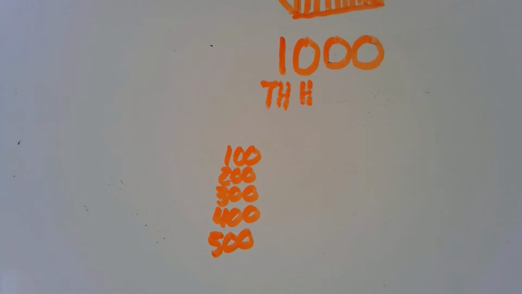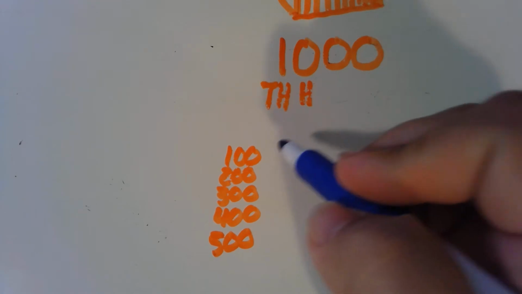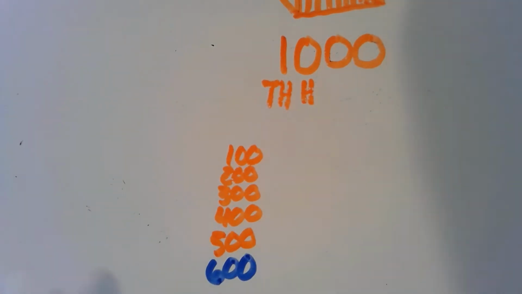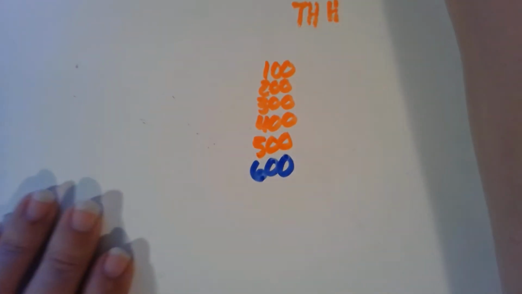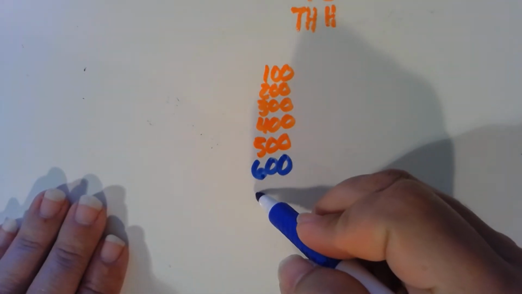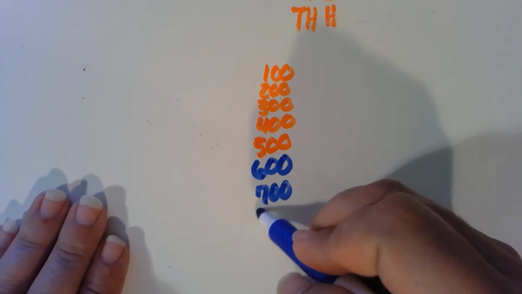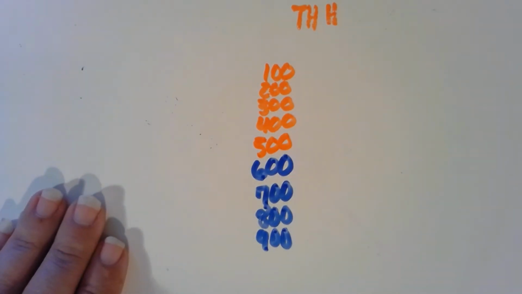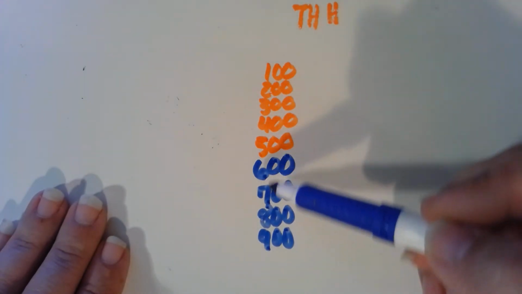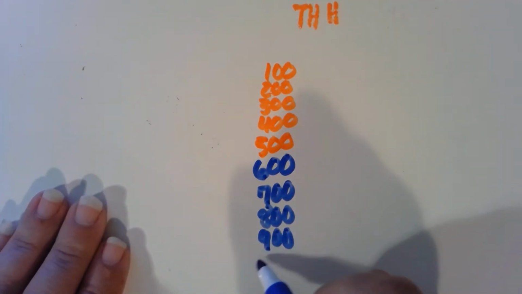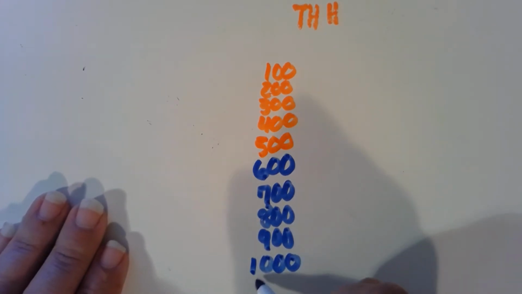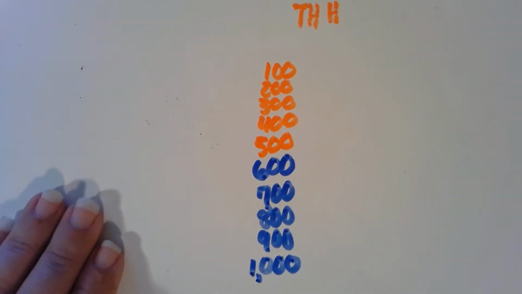Then I went 600. Is that better? Then I went 700, 800, 900, and after 900, so I've gone 1, 2, 3, 4, 5, 6, 7, 8, 9. After 9 is 1,000. Do you see how I did that?